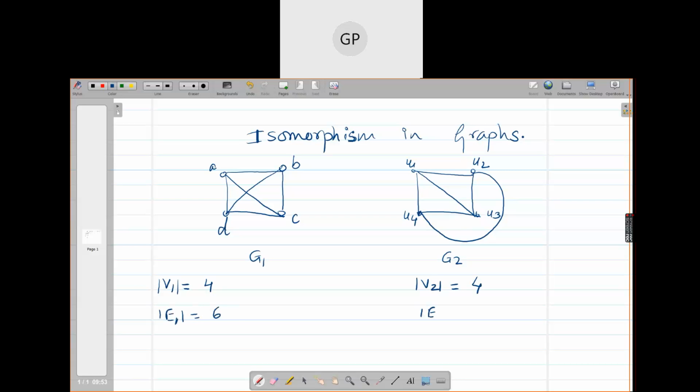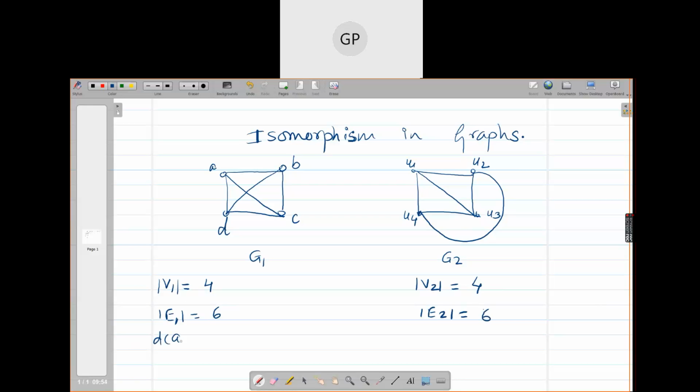How many edges are there in G2? 6. Again 6, right?